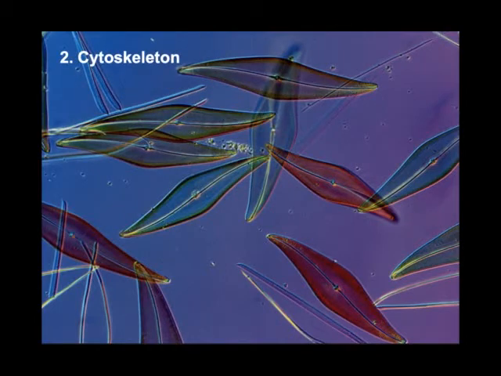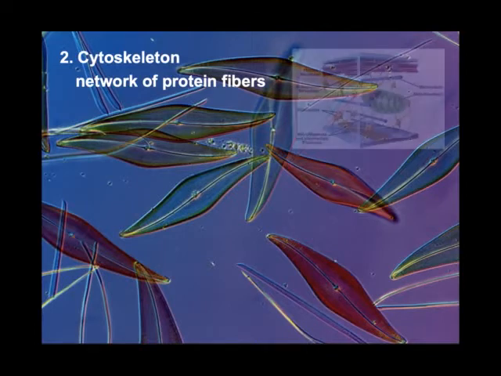The next part we're going to talk about is the cytoskeleton. It's a network of protein fibers that do pretty much the same thing that your skeleton does. Your skeleton gives you shape and allows you to move. The cytoskeleton gives the cell shape and also helps it to move.